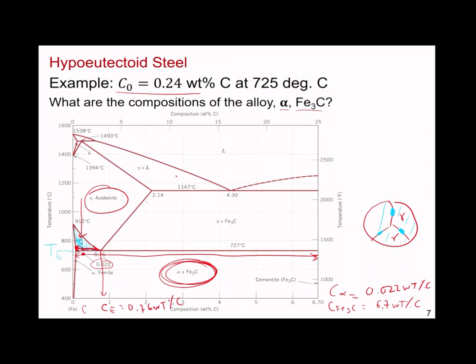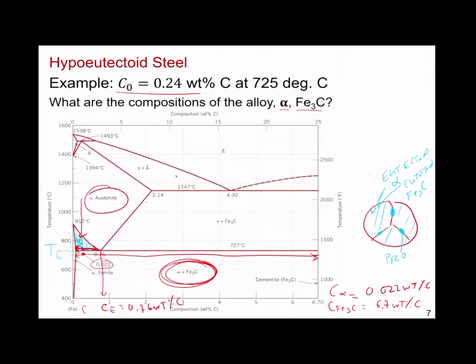Okay. So your gamma then transforms into eutectoid alpha, and also, actually that should be the white part. And then the small blue line should be eutectoid Fe3C, and this is pro-eutectoid alpha.